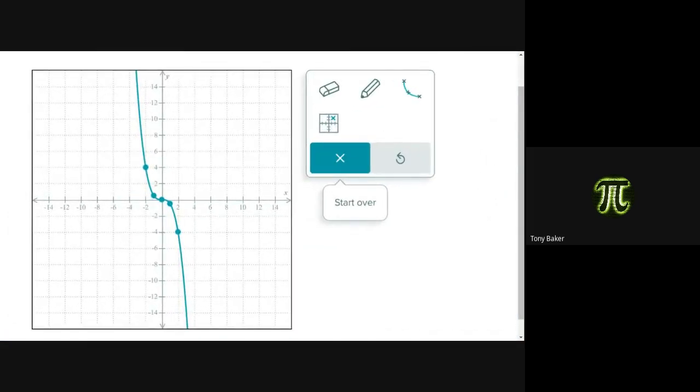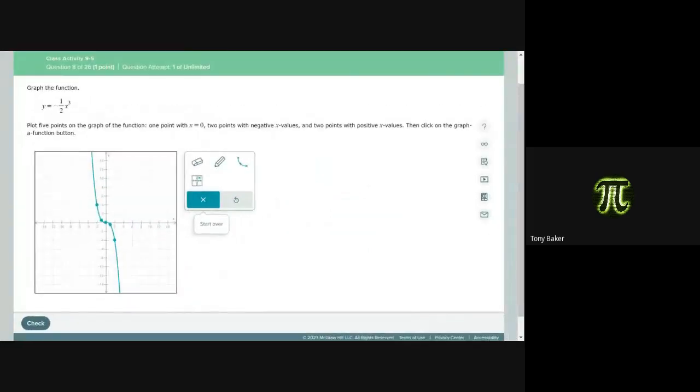I think somebody asked me a question the other day. Should you understand what the graphs look like, the actual curves? And I said, it's not necessarily important. The only time it's important is when you're checking your work. Because if I screwed up, let me actually undo, I'll show you something. If I left that point there like that, and I hit graph, I'd get a graph like that.